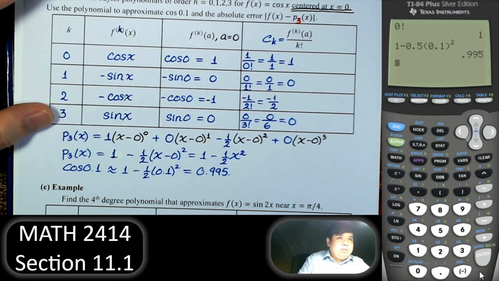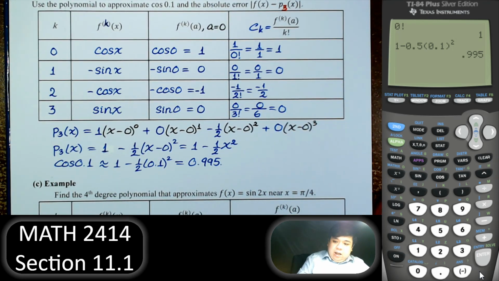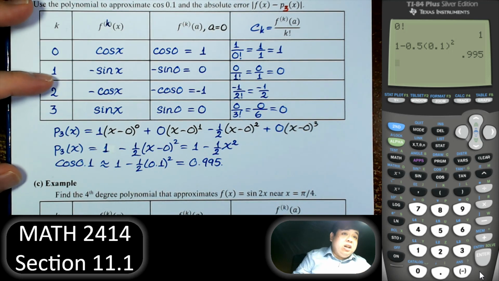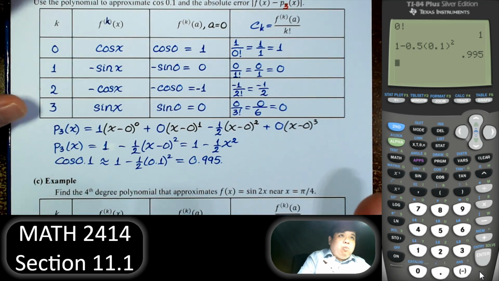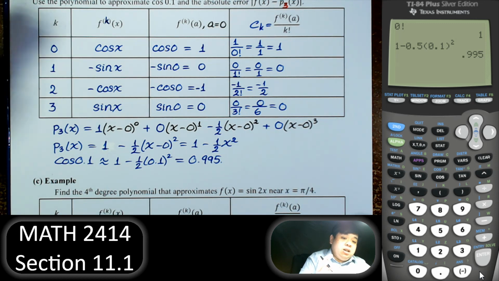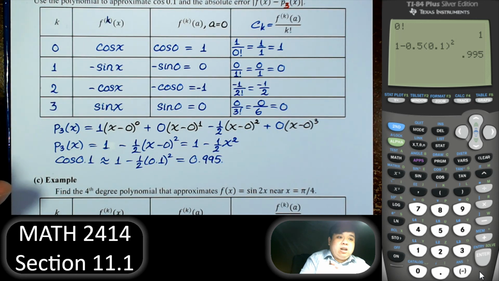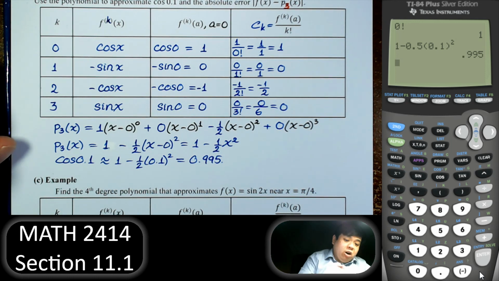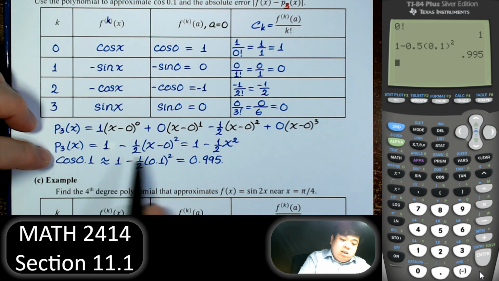In this chapter, this skill is very important. If there is one thing you need to remember from this chapter for as long as possible, it is this: how do we construct a Taylor series using a table like this. So we do a lot of examples.